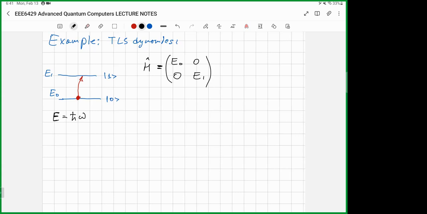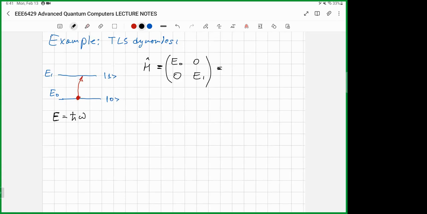So the energy and frequency are connected through this Planck's constant. This works always. This connection between energy and frequency is just the definition of angular frequency, nothing but that.